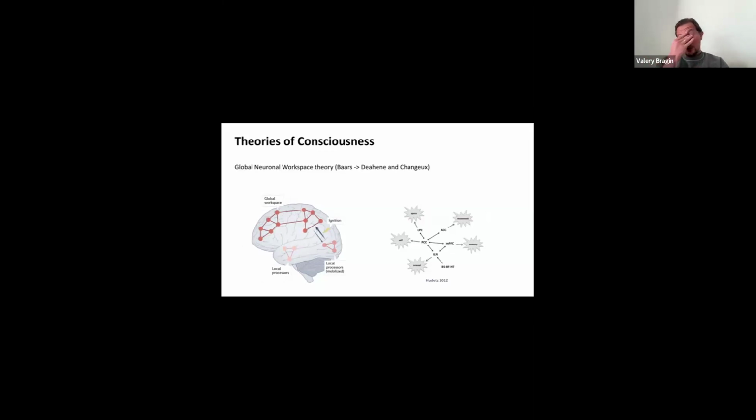And another important predicted phenomenon is the so-called ignition. It's a sudden and non-linear burst of coordinated activity, often with strong frontoparietal involvement, and this occurs when a stimulus crosses a threshold for conscious report or conscious perception. Below this threshold, processing may still occur, but more locally and more transiently, so it doesn't result in the ignition.